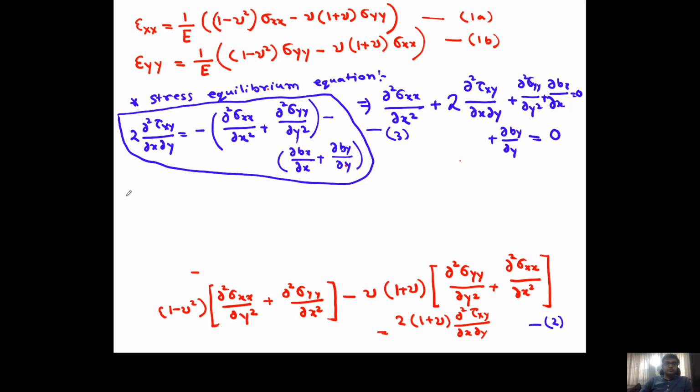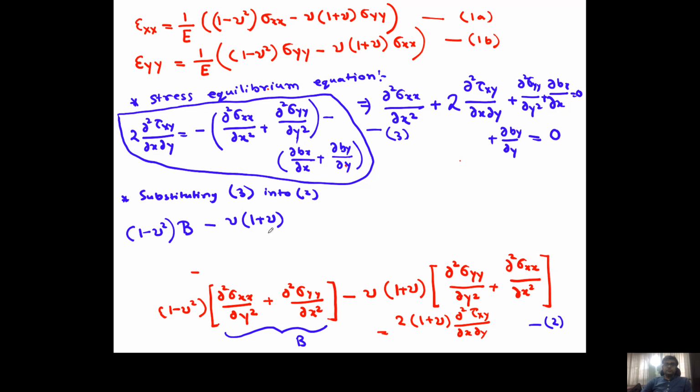So substituting 3 into 2. So first comes 1 minus nu square. This I'm going to call as b. So it is 1 minus nu square b minus nu, 1 plus nu.